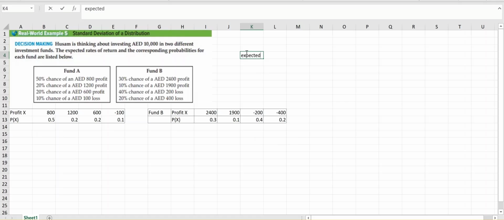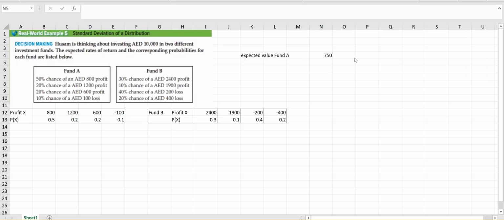The expected value for Fund A is going to be equal to our first column multiplied by our second, and then we add the next one multiplied, and then we add this multiplied by this, and then add this multiplied by this.